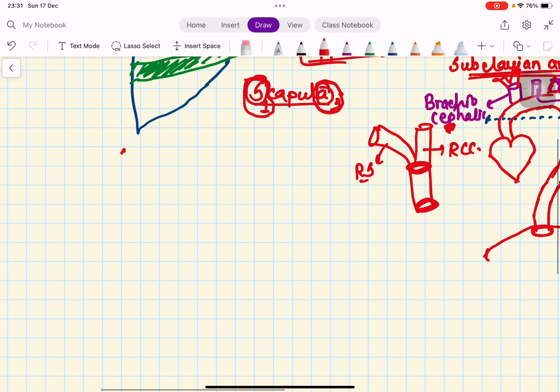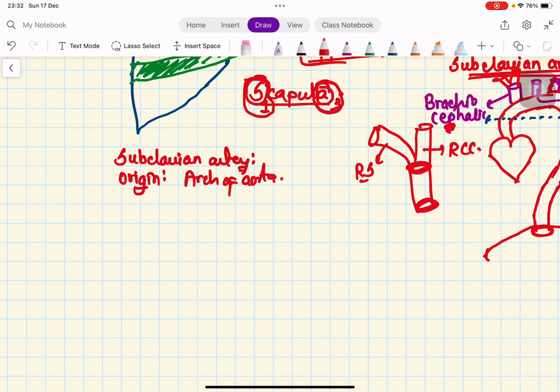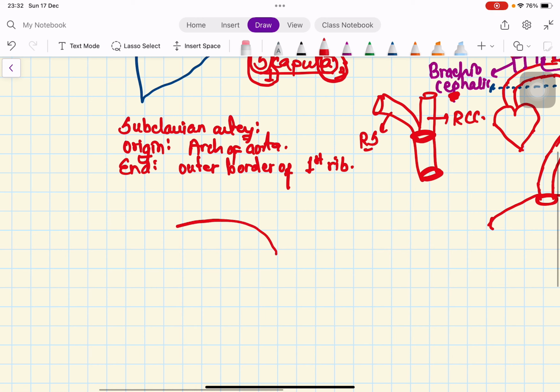Its origin is from the arch of aorta, and it ends at the outer border of the first rib. Let's make this my subclavian artery.